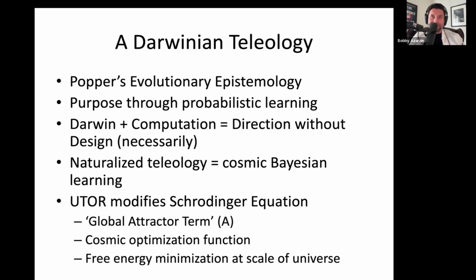So basically, this is saying that we need to understand wave function collapse as being part of universal cosmic learning. And it does create a dynamic where there's this fundamental global telos that's encoded in nature. It's doing Bayesian learning. It's doing gradient descent. It's basically minimizing its free energy as a full system. And that's why you see this trend towards complexity and progress.